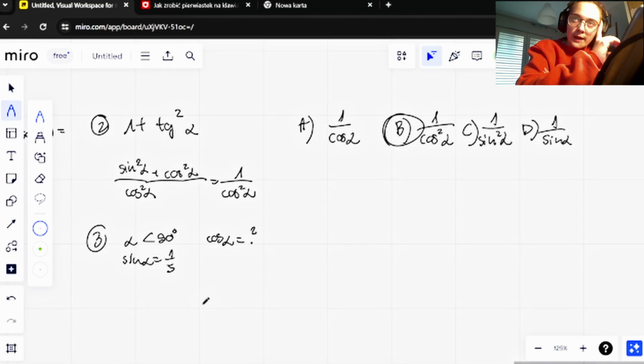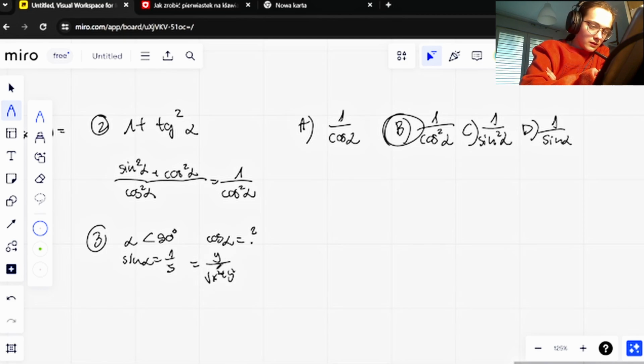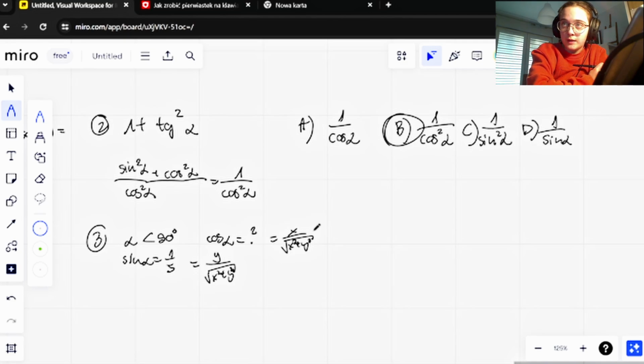So I did this exercise the harder way, but I will have this file in the description below, in which I will show you how to do this exercise much easier. This is x. Yeah, and we should be able to do this.